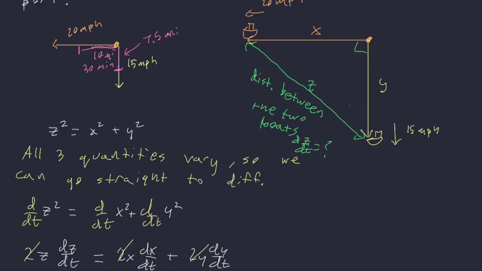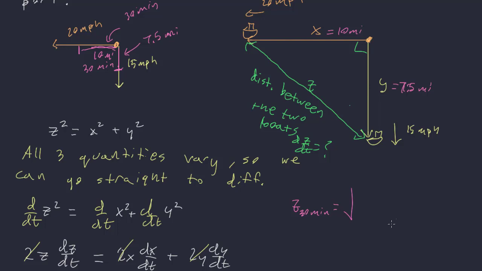All right, so we know that at this moment in time, because we're talking about in 30 minutes, the x is at 10 miles, y is at 7.5 miles, and we can find the length of z in 30 minutes using the Pythagorean theorem.